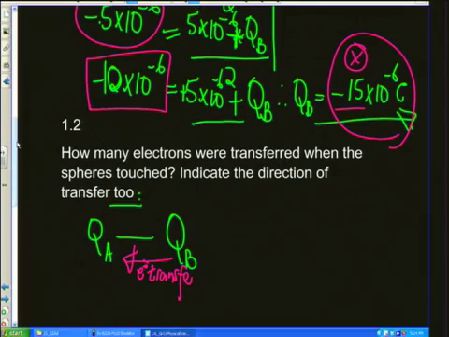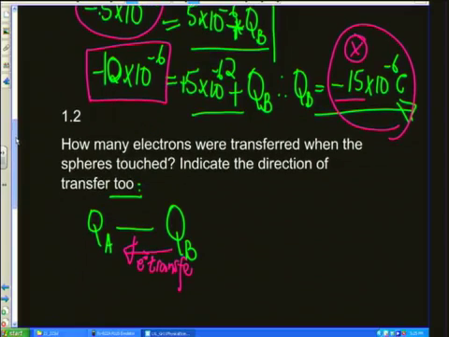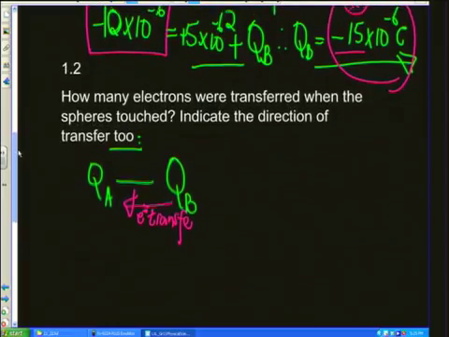After B comes into contact with A, what we see happening is that we have about minus 10 by 10 to the power 6 coulombs of charge there. Now, how many electrons are there? Let's look at the difference here.